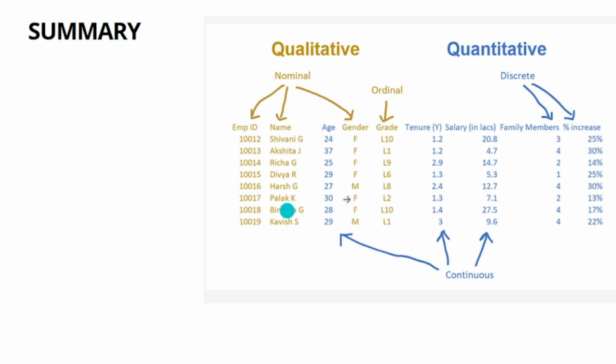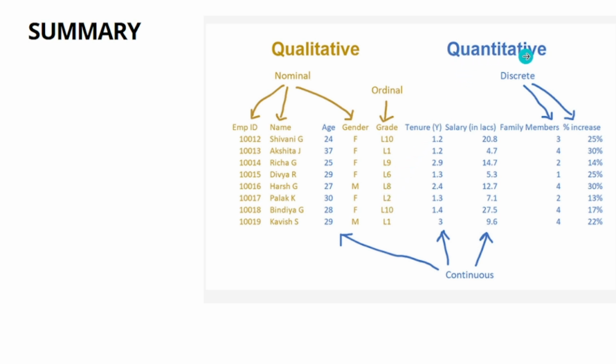Employee ID is nominal type. But grade, you can see, is qualitative data but ordinal, because it is used to specify the position they occupy in the grade level of the employees: who are the senior grade, the mid grade employees, who are the newcomers. All those things are represented by the grade level here.